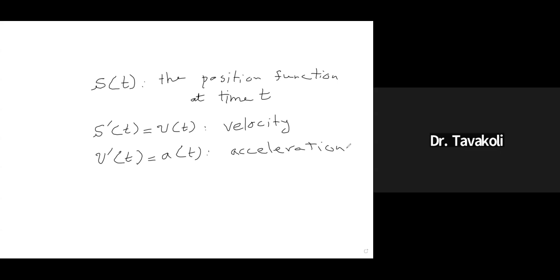Here we look at the converse. The converse of s prime is v, which means that the integral of v of t is s of t. The second one, v prime is a of t, meaning that the integral of a of t is v of t.